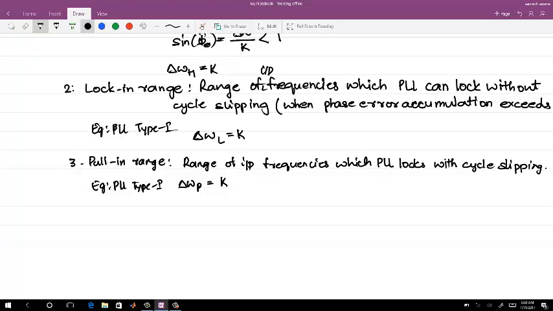In general, you have delta omega h is always greater than delta omega p, and this is delta omega L. Lock-in range is smaller because you constrain that you should not cycle slip. Pull-in range is larger than lock-in range because you can cycle slip and generate that voltage. Hold-in range may be larger still, since pull-in may not be able to reach it because of the loop dynamics. But if somehow I give the right control voltage to start up, it will remain in lock.